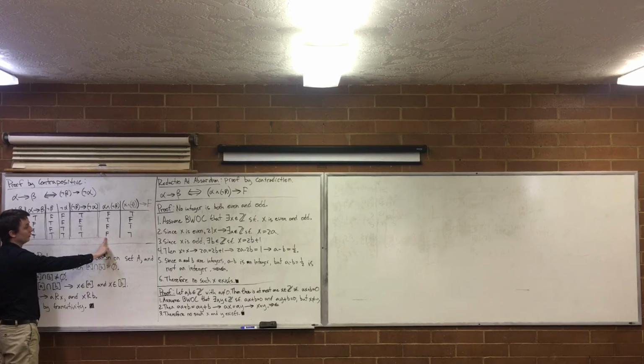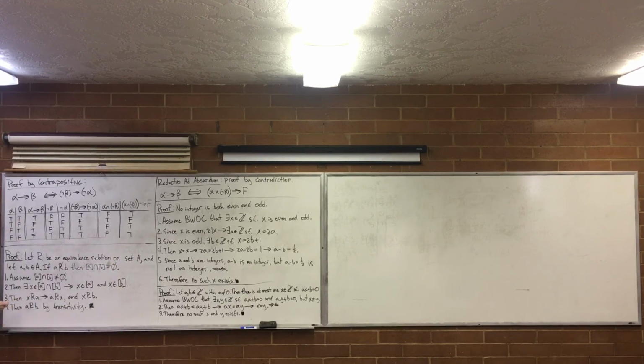Okay, so let's start with this column. True implies false is true, except we switch it up there, so true implies false is false. Implication is only false when you have true implies false.